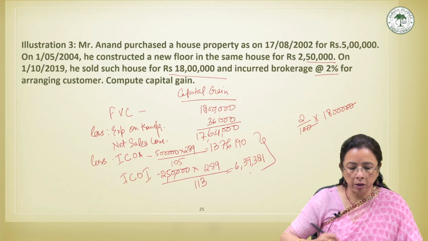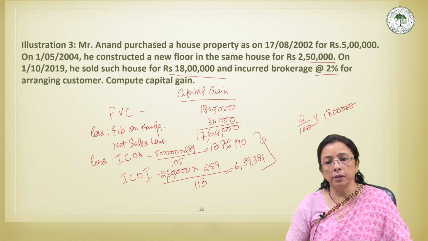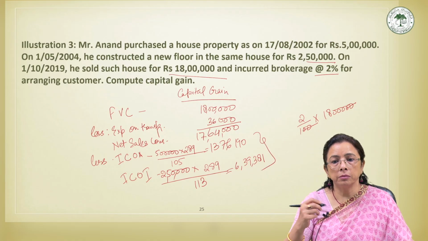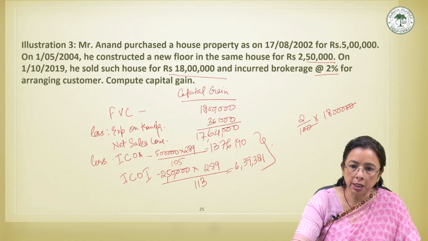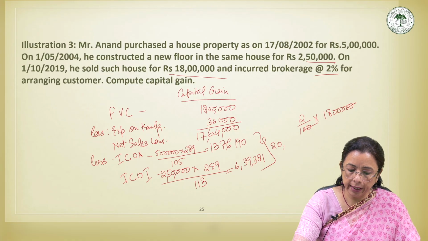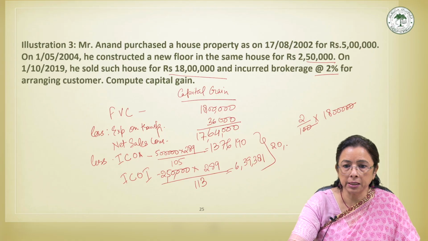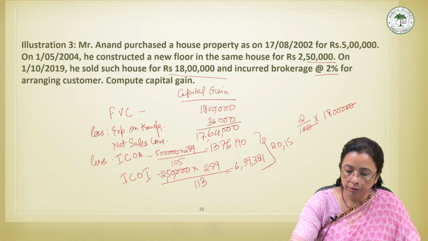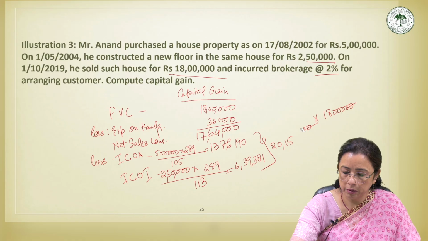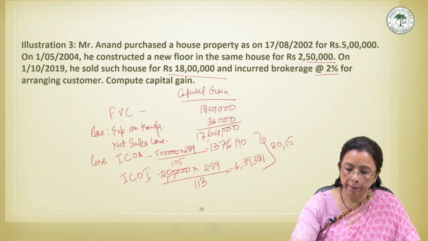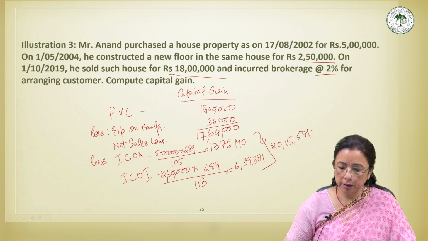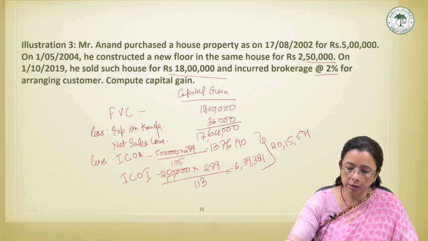Now these two amounts will be added together and deducted from 17 lakh 64,000. So this comes to 13 lakh 76,190 plus 6 lakh 39,381, which is 20 lakh 15,571.